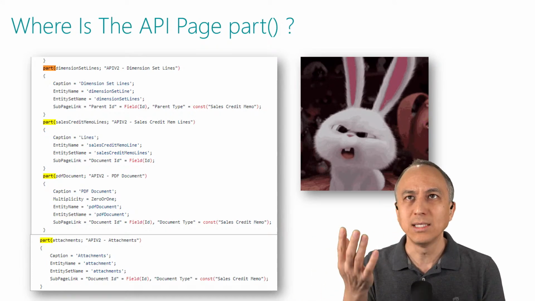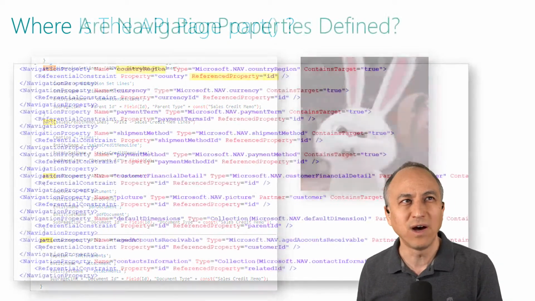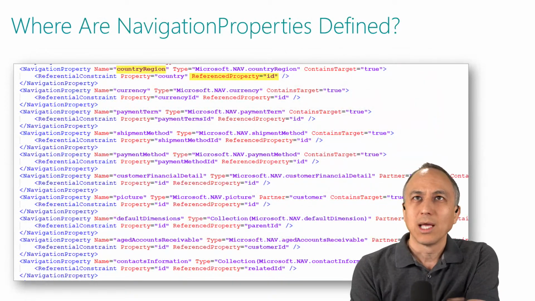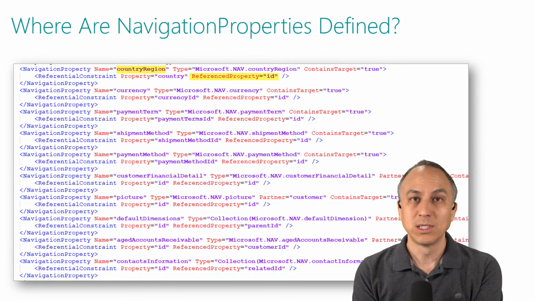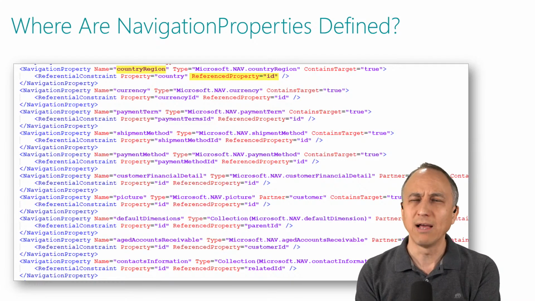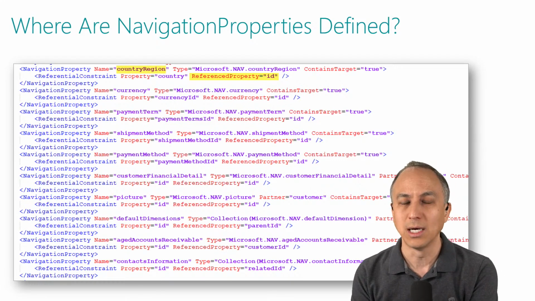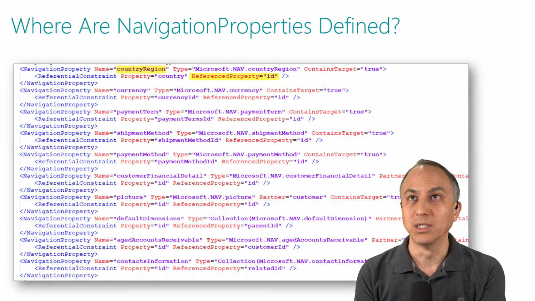So how is the country region navigation property defined? This is the XML result from the metadata for the Business Central web API. And I have a blog post on this as well: blog.steveendo.com, search for metadata, I believe.